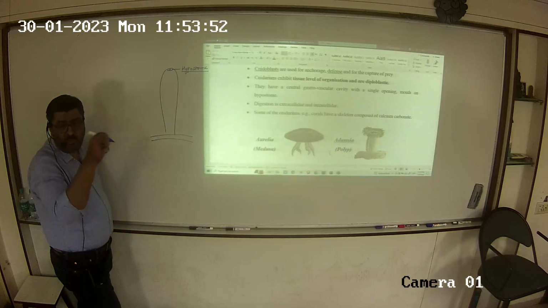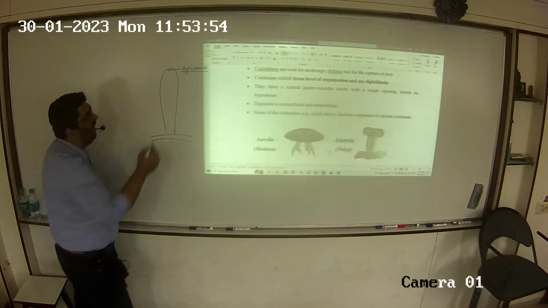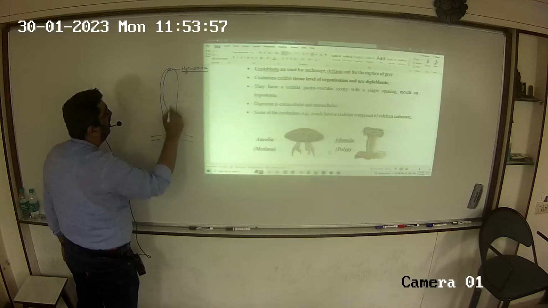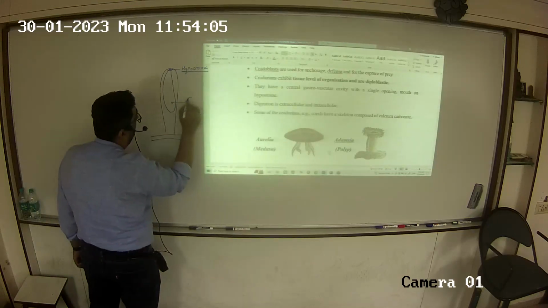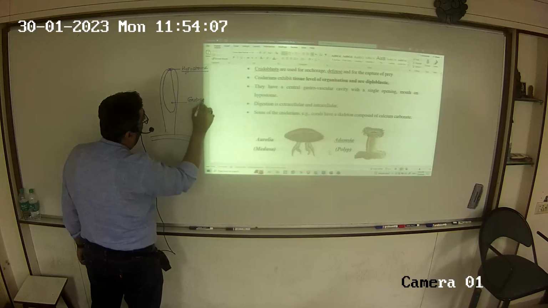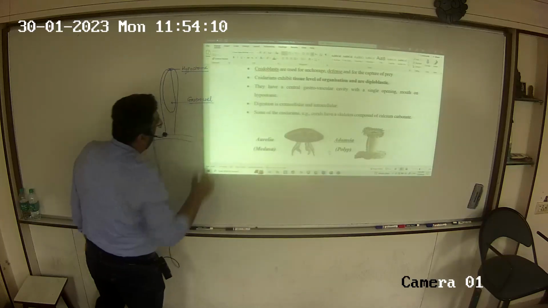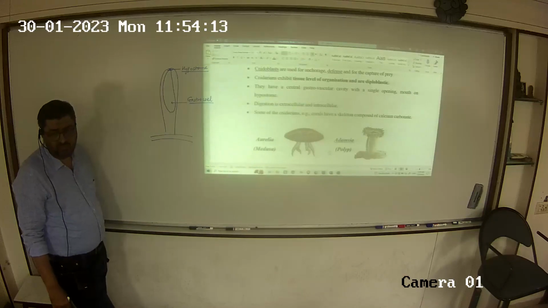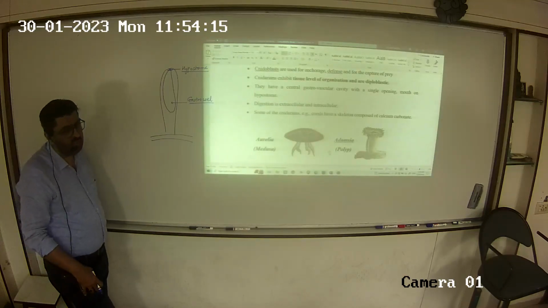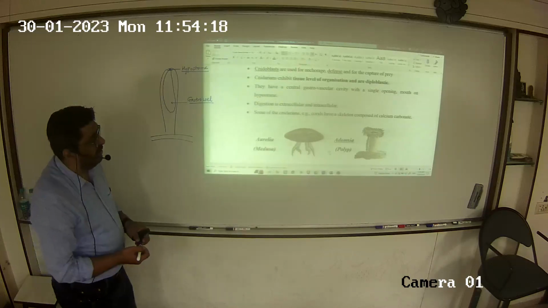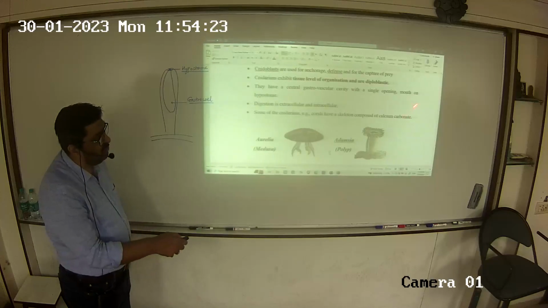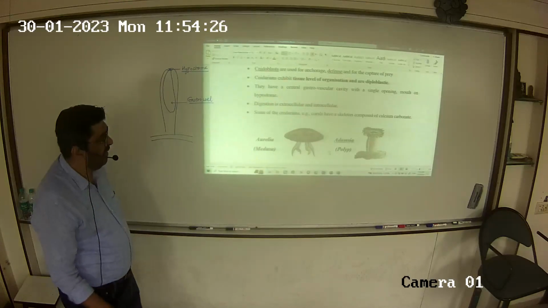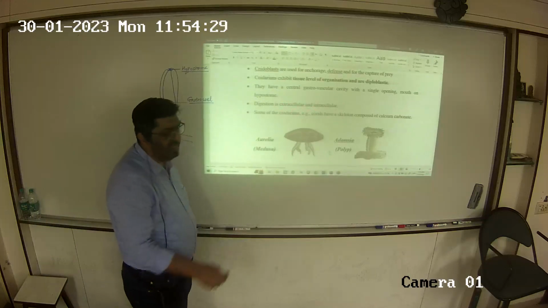So the mouth is situated on the hypostome, and this mouth is leading to a gastrovascular cavity. This cavity, the gastrovascular cavity, is also called the gastrocele. So central gastrovascular cavity, single opening, mouth situated on a hypostome. Digestion is extracellular and intracellular.